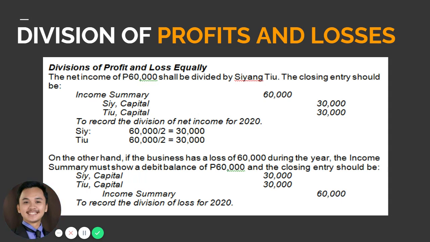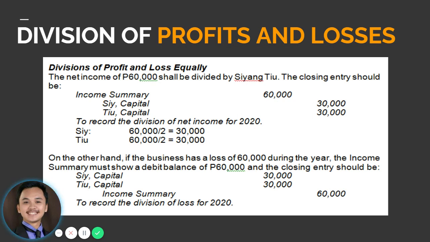Okay? On the other hand, however, if the business has a loss of 60,000 during the year, the income summary must show a debit balance of 60,000 and the closing entry should be debit to Say capital 30,000, Chu capital 30,000 and credit to income summary of 60,000. Obviously, if there's a loss, you will have a debit balance in your partnership books.